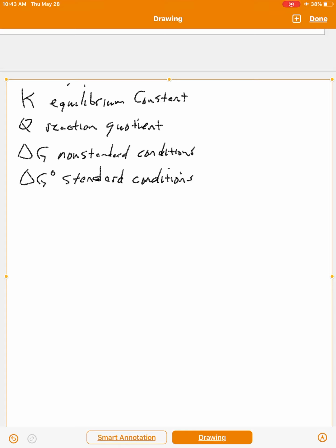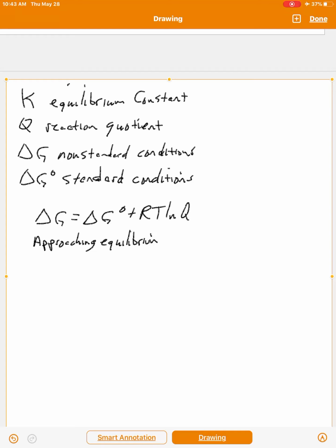So what I'm going to do is come back to this equation here, delta G equals delta G naught plus RT ln Q. By the way, I never showed you how this equation arises, and we're not going to do that in this course. That's something we do in a different and more advanced course. So let's imagine that we are approaching equilibrium. If we're approaching equilibrium, what that means is delta G is approaching 0.